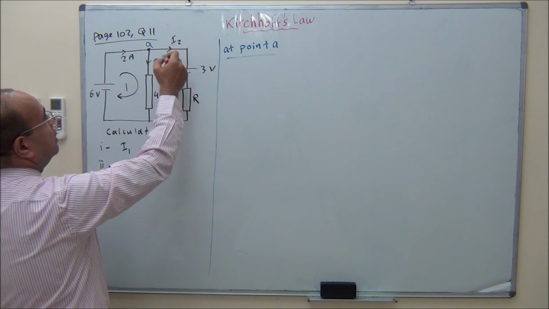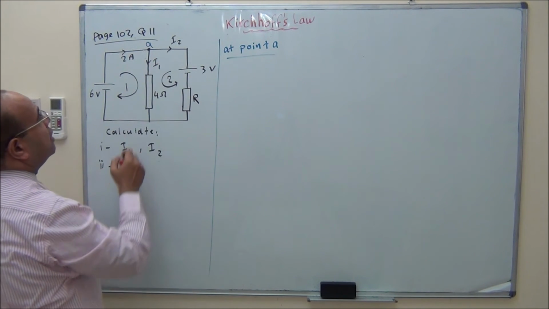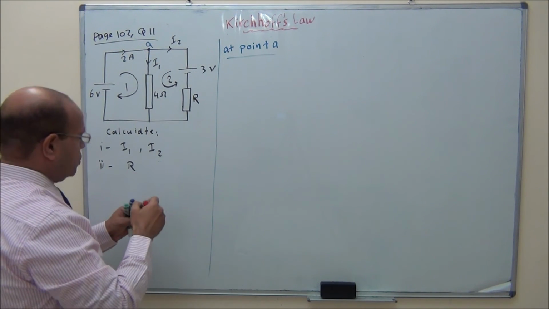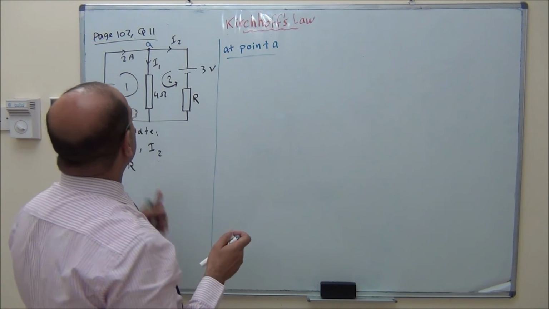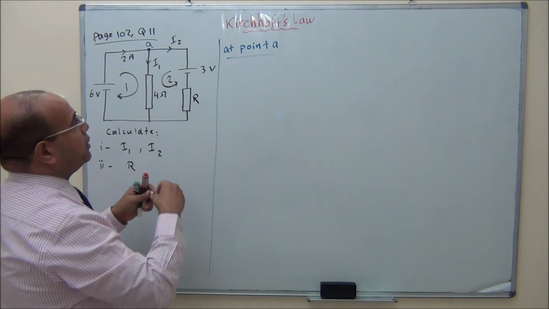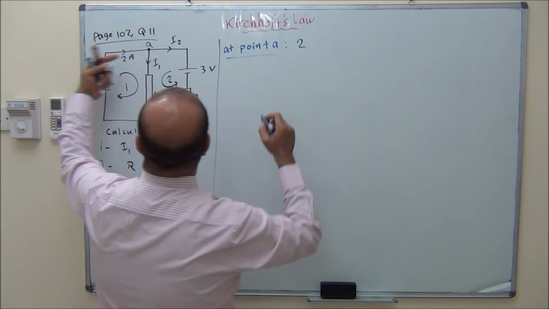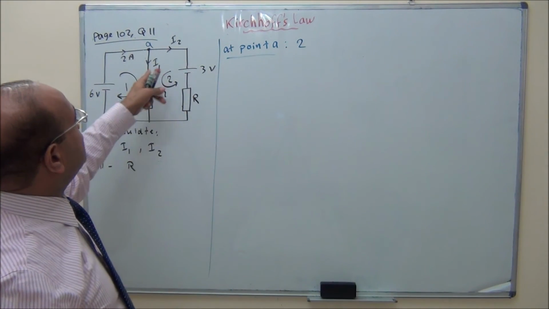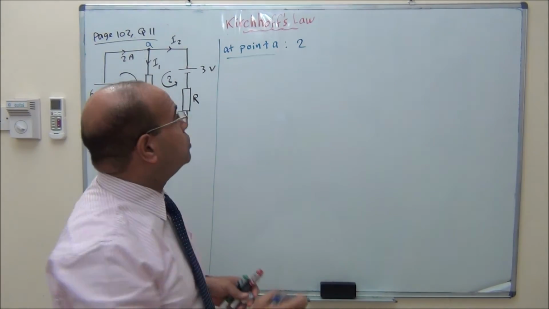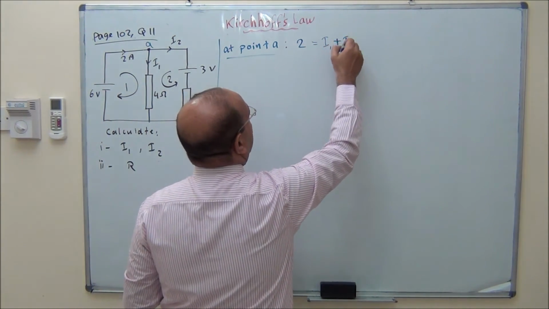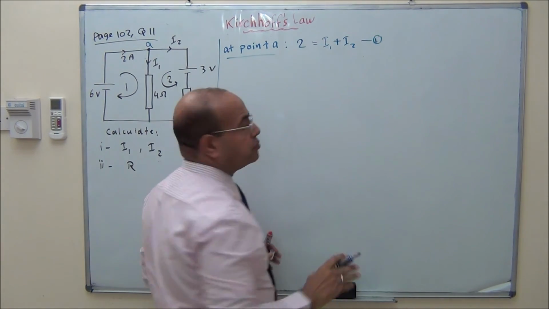I2 is out, also I1 is out, but 2 ampere is in. So the sum of currents in is just 2 ampere. The current in is 2. Out it's I1 and I2. So 2 equals I1 plus I2. This is equation number 1.